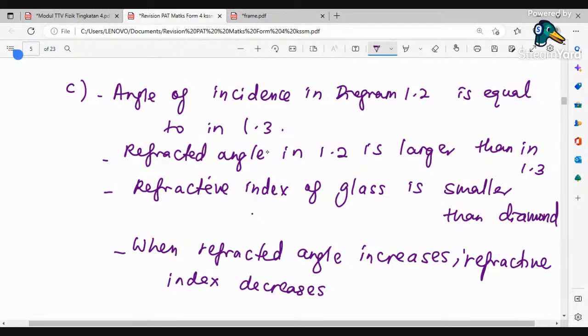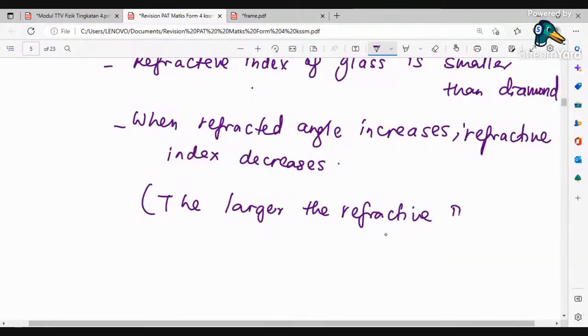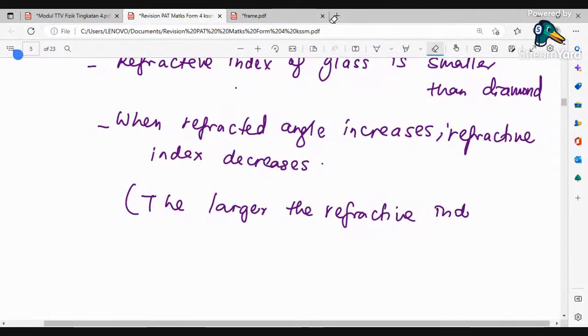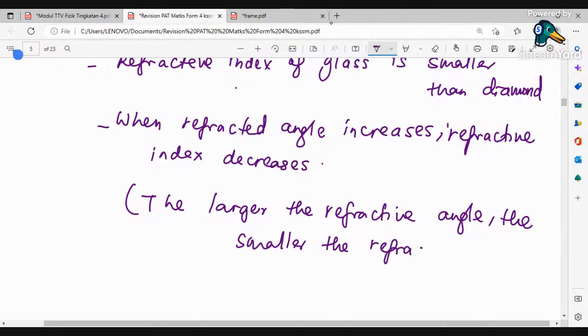Ataupun you boleh tulis juga dalam bentuk the larger the angle, the smaller the refractive index. Okey, ni pun boleh. Okay. Jadi ini untuk 4 markah.